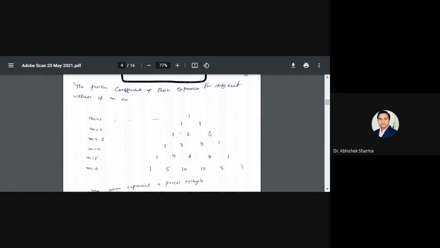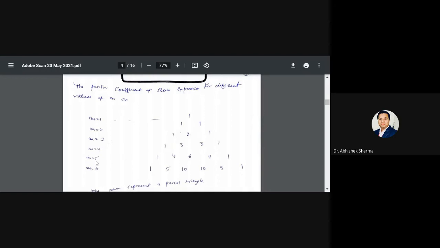Then to write the next row, that is m is equal to 4, we add 2 plus 1 is equal to 3. On this side also 2 plus 1 is equal to 3, and we'll extend this one on this side, and this one on this side.